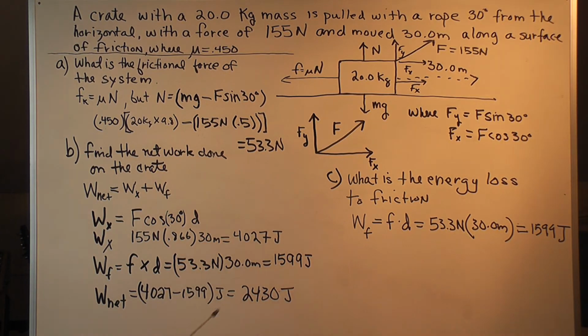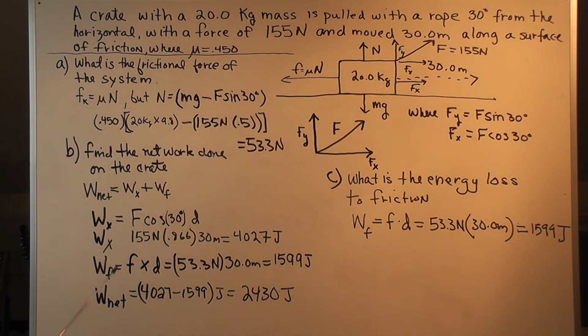4,027 joules. So this is the total amount of work that is being done by the rope, less the frictional force in the opposite direction. So for the frictional force, we need to find the amount of work, and this is non-conservative work.